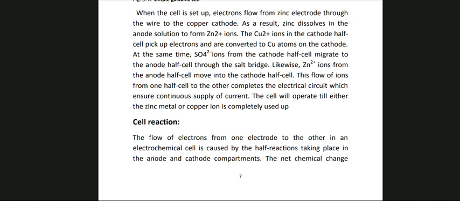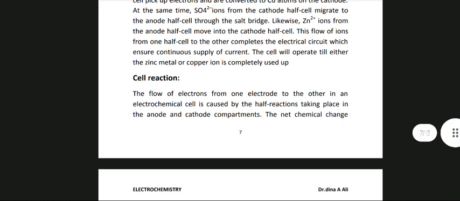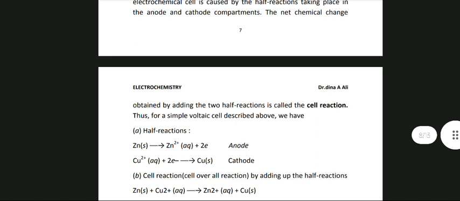Now moving towards the cell reaction. The flow of electrons from one electrode to the other in an electrochemical cell is caused by half cell reactions taking place in the anode and cathode compartments. The net chemical change obtained by adding the two half reactions is called the cell reaction. For the simple voltaic cell described above, we have the half reactions.